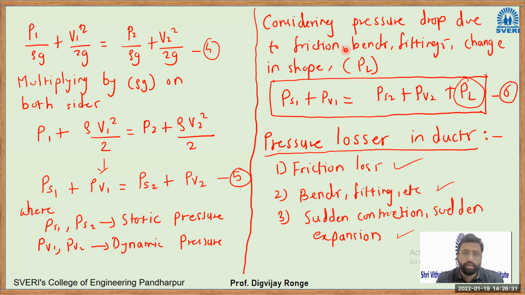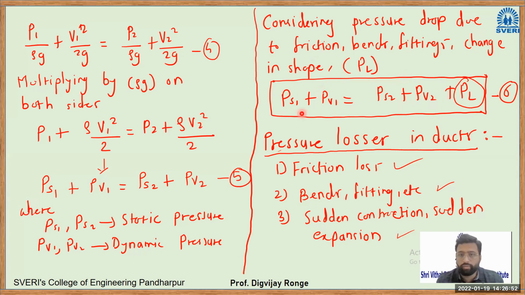So next I will consider the losses in the system. Considering pressure drop due to friction, bend, fitting, etc., change in shape, I will add that loss to RHS. So initial total pressure will be equal to final total pressure plus pressure losses.